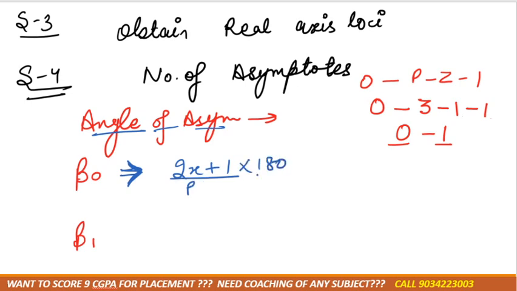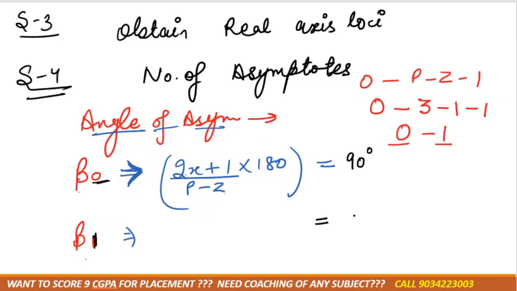Over p minus z. Now put the value of q equal to 0. You know the value of p, you know the value of z. Then you will get the values for beta naught and beta 1. Solve it and then tell me. After solving, you will get beta naught is equal to 90 degrees and beta 1 is equal to 270, right?